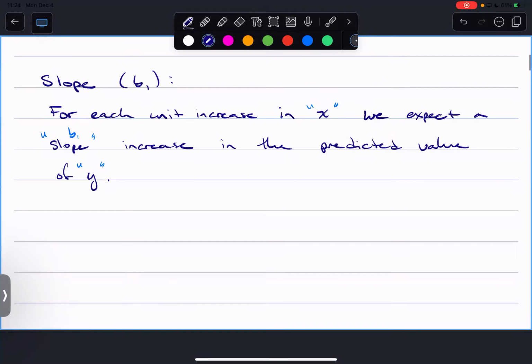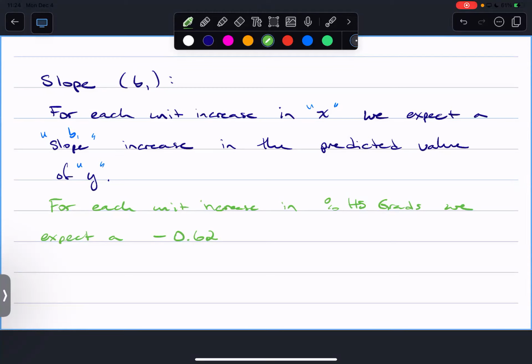So for us, what would it read like? It would be for each unit increase in percentage high school grads, we expect a negative 0.62 increase, and this is where it gets a little bit weird. Now, if you're feeling savvy, you could say a negative increase is a decrease, but then you'd have to drop the negative, right?